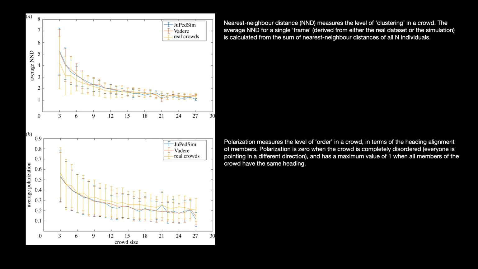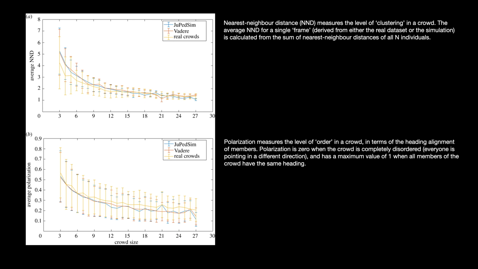So for each scenario we had a real clip and a simulated clip, which were both similar in terms of the number of people present and the rough distribution of the entrances and exits that they used and so on. But we wanted to make sure that the simulation was actually producing valid outputs in terms of the overall crowd movement. So we ran it a number of times for different crowd sizes using the observed times and distributions that I've just mentioned, and we used two metrics to establish the validity of our simulations.